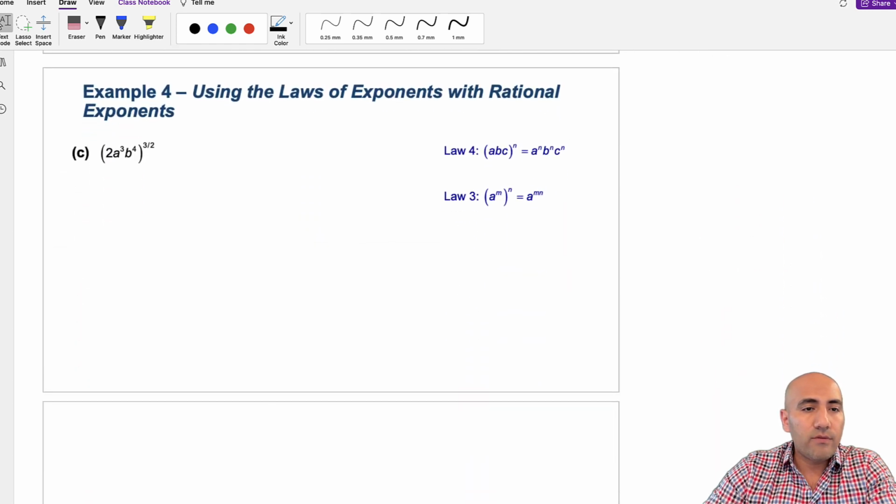Another example. So if we have 2 times a to the 3rd, b to the 4th, the whole thing is being raised to the power of 3/2. So we can use these properties. We know that if we have multiplication and we're raising a product, a times b times c, to the power of n, then we can distribute the exponent and have a to the n, b to the n, c to the n.